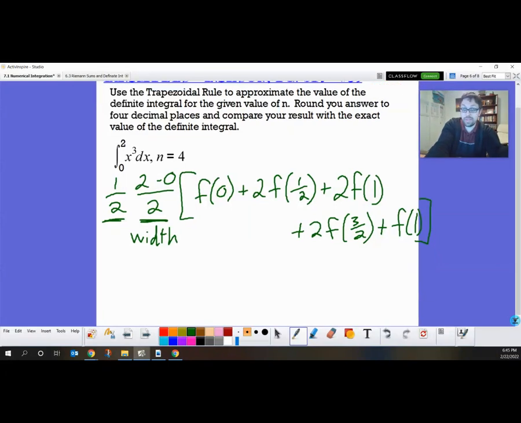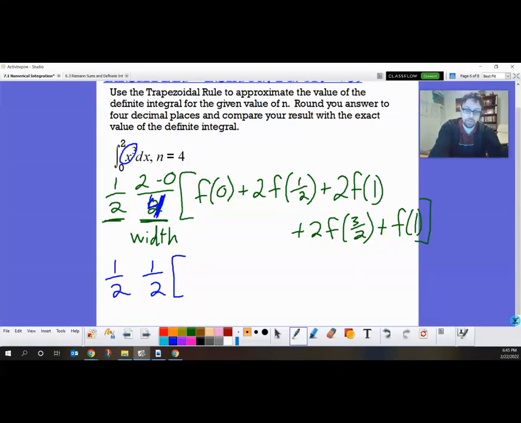So now we just got to evaluate all this stuff. So we get 1/2. And then that 2 minus 0. Oh, why am I dividing it by 2? This should be a 4. Sorry about that. So that's also going to be 1/2 for our width. And then we just need to evaluate all of these f ofs. So our function is right here, x cubed.